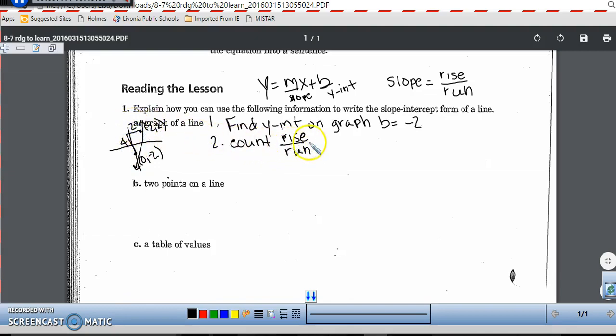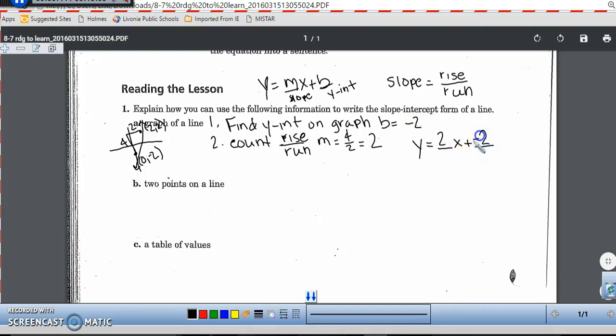So it would be 4 over 2. So my m is 4 over 2, and that equals 2. So from this, I can fill in my m and my b. M here is 2. My b here is -2.